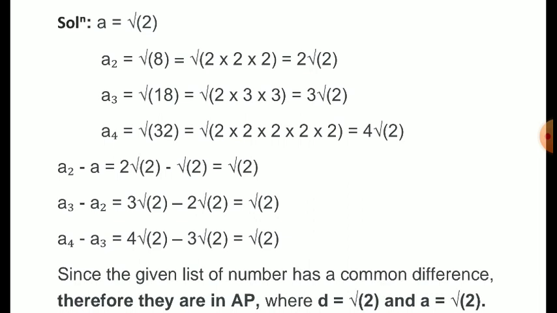Purely radical numbers also can be converted into mixed radicals. If possible, let us try to convert them into mixed radicals. For our convenience, it is easy to calculate, that is, easy to find the differences between the consecutive terms from the given terms.